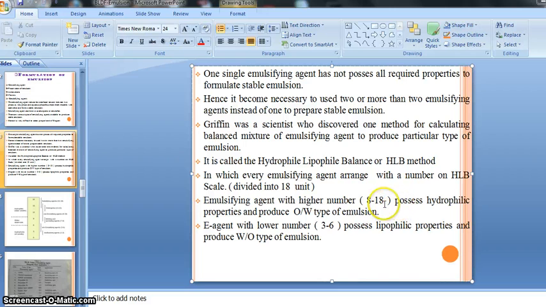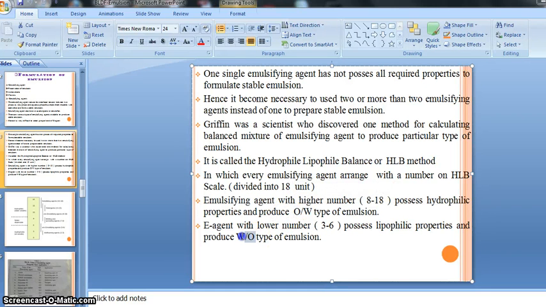That is the hydrophilic nature or properties, right? OW type of emulsion means its continuous phase is water, meaning water is present in a large amount. That time we need to choose the emulsifying agents which are soluble in water.